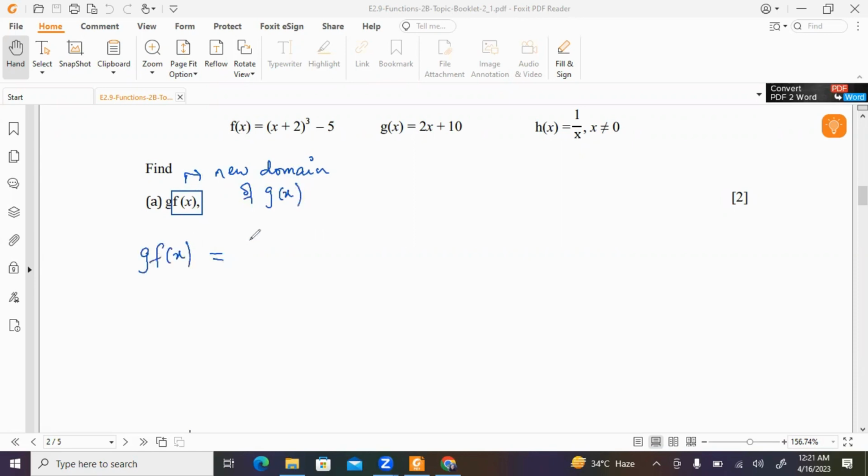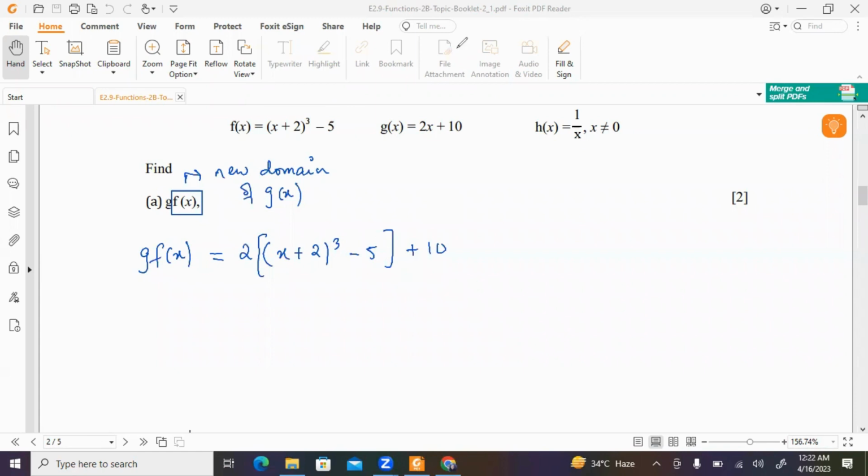Instead of x in the g(x), we'll now be writing the entire function of f(x). So 2 times (x plus 2) cubed minus 5, plus 10.